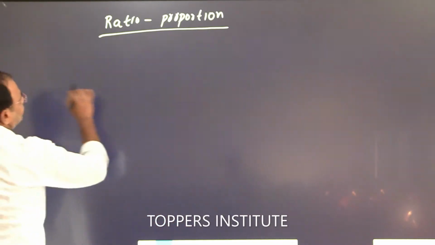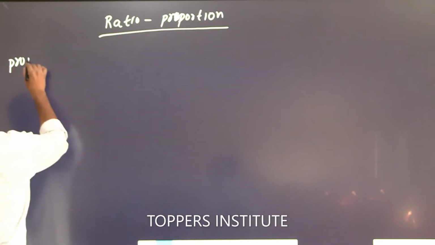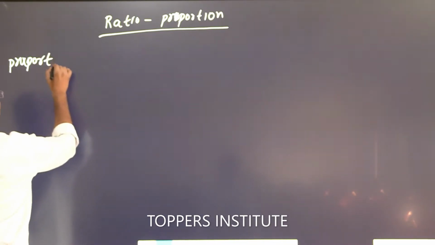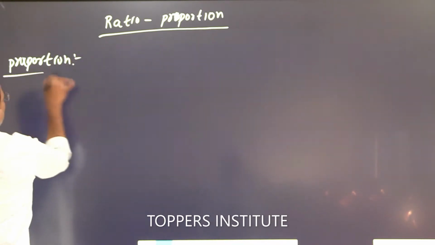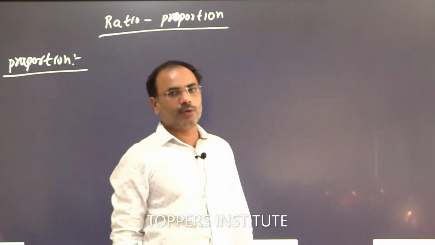Proportion is the equality of two ratios. Equality of two ratios is called proportion. For example, we have two ratios.